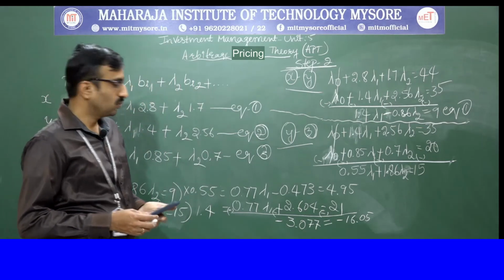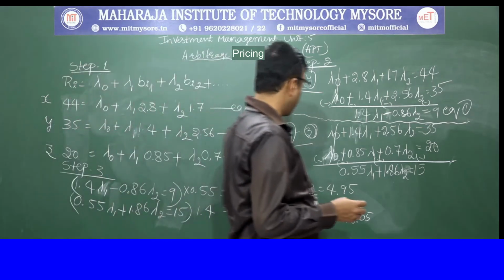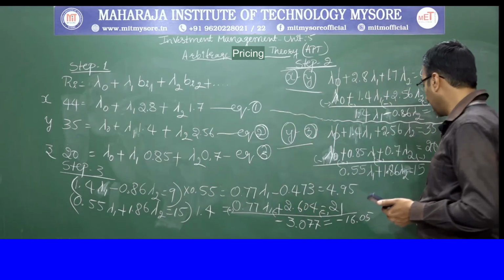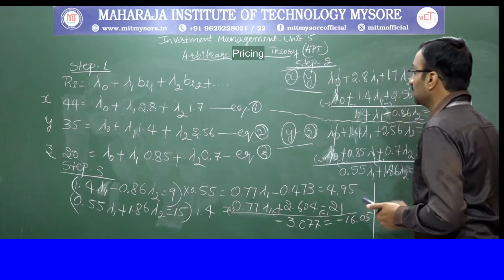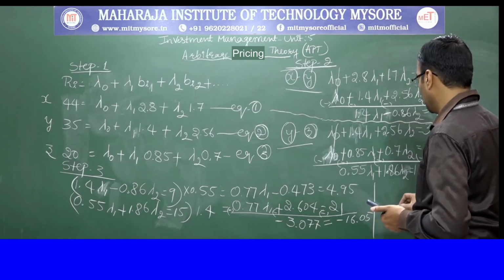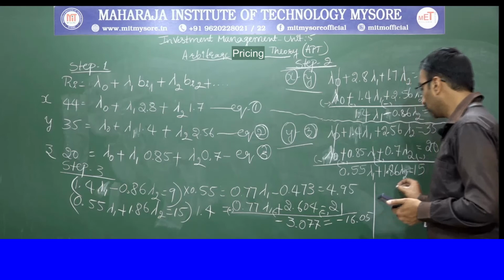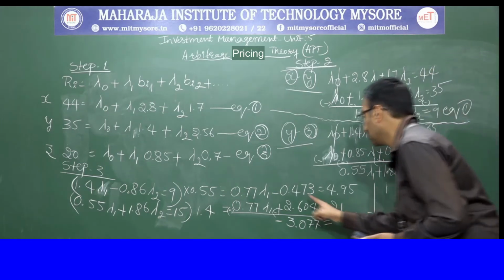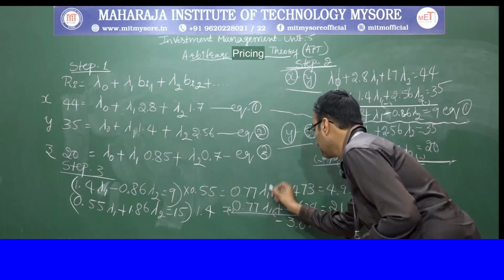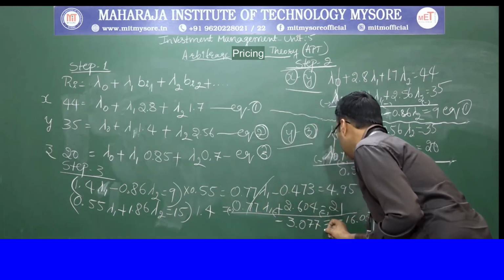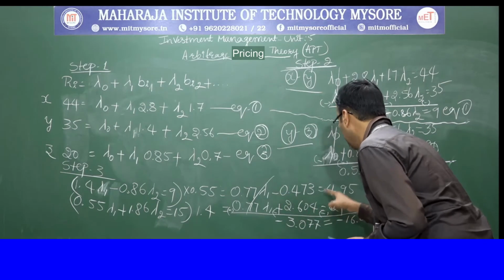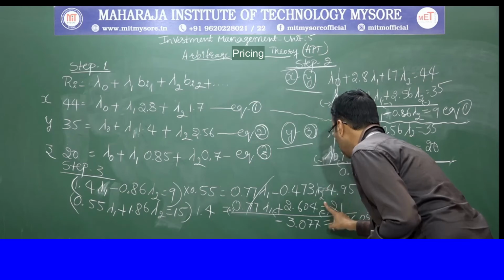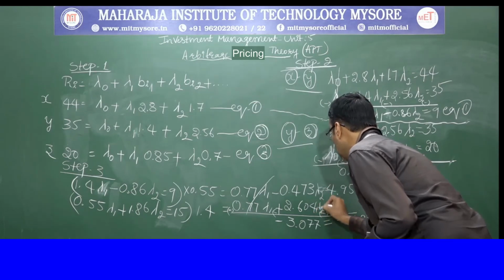Yeah, fine. So, based on this we can easily find out the lambda 2. So, lambda 2 is equal to, we will cancel this, both the same. Lambda 2 we have to write, we have not written here, please write down lambda 2 here also.